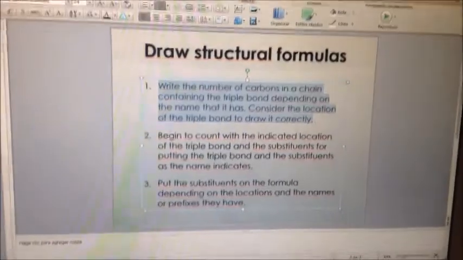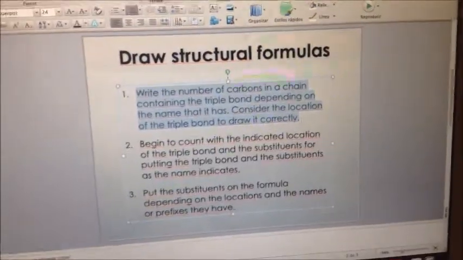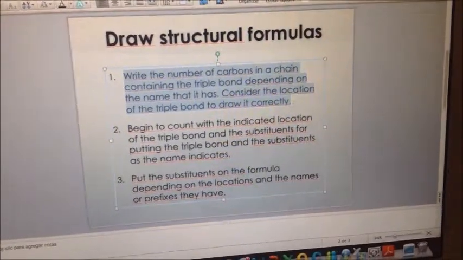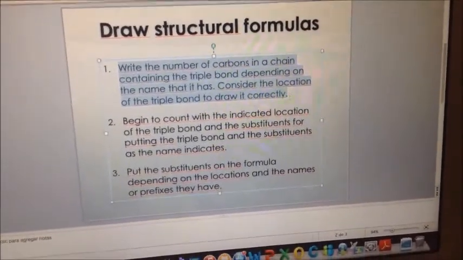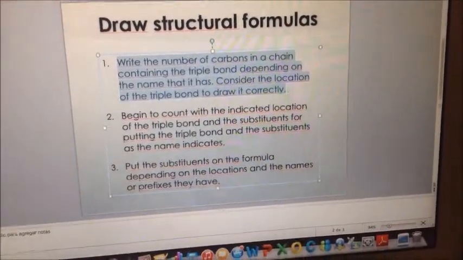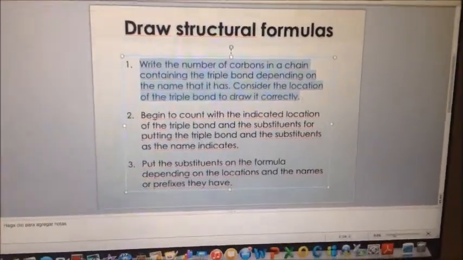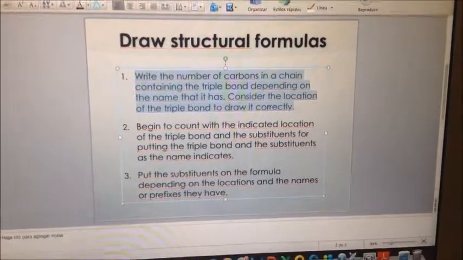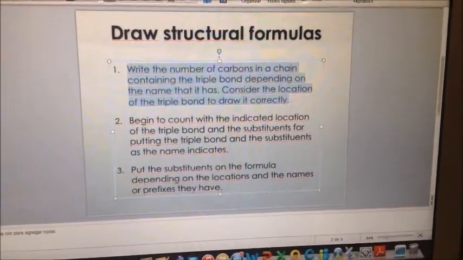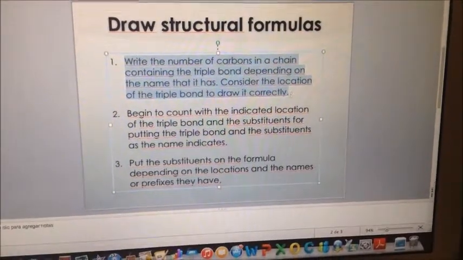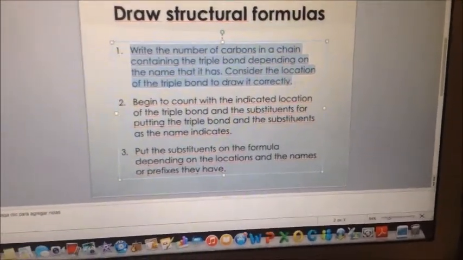That means that if the name says butene or pentene, you have 4 carbons or 5 carbons. So, depending on the name that it has, is the number of carbons that you will write. You have to consider that you have to draw the double bonds, depending on if there are 1 or more.